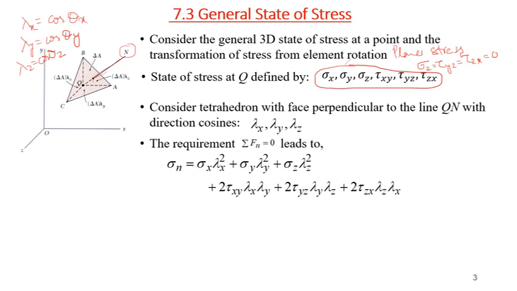Putting in the values, sigma n is equal to sigma x lambda x square plus sigma y lambda y square plus sigma z lambda z square, and similarly 2 times tau xy lambda x lambda y, 2 times tau yz lambda y lambda z, and 2 times tau zx lambda z lambda x. In detail we will discuss this in the next course, mechanics of solids 2.